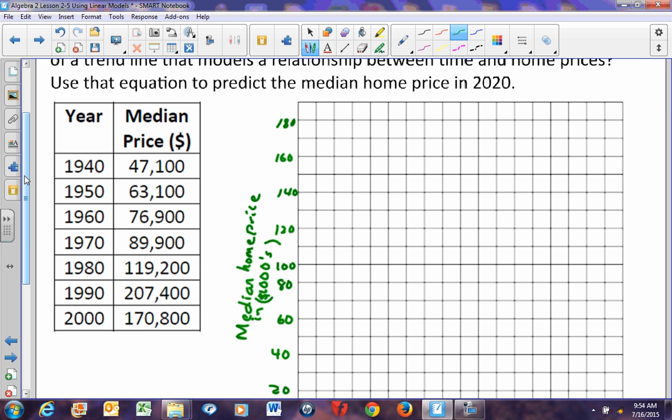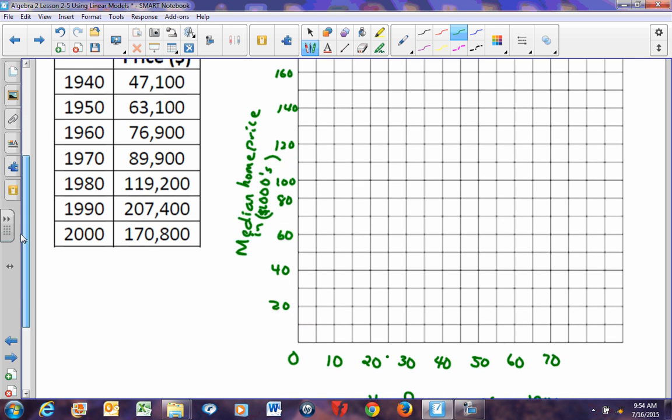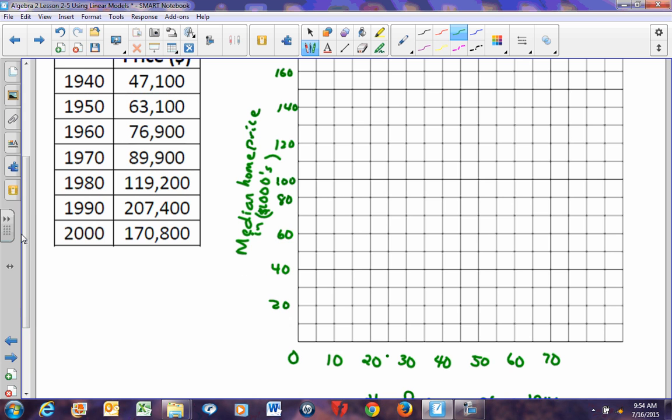Okay, so let's graph these points now. 1940 would be 0. Remember, this is 0, this will be 10, 20, 30, 40, 50, and 60. That helps you graph along the line.